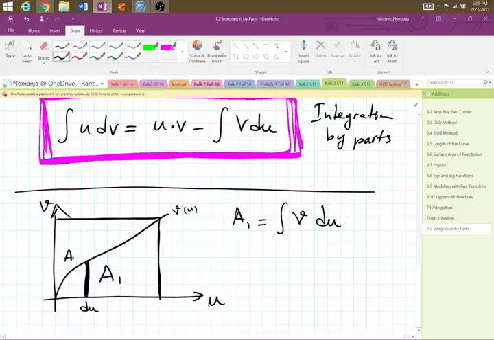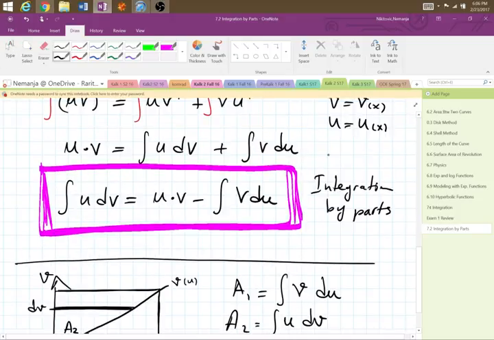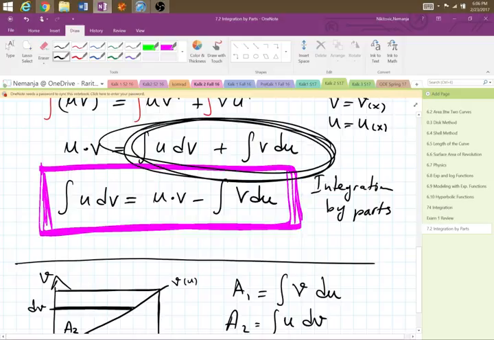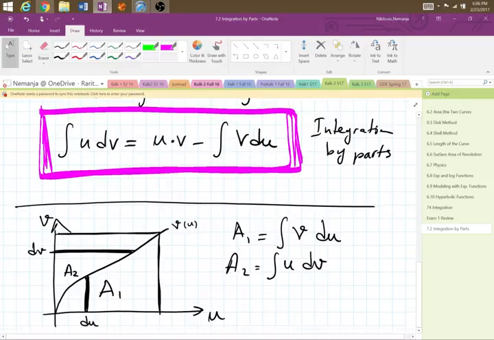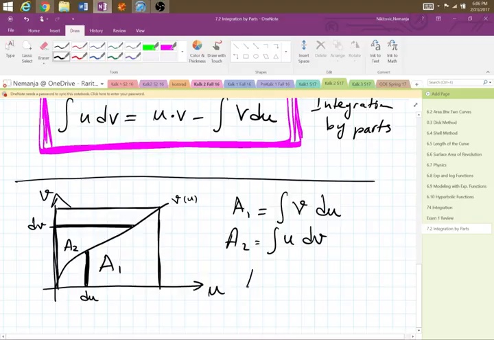Area A2 is going to be done this way, and that's dv. So that's integral of u dv. I hope you see that when you add them, you get this. But in reality, you have a rectangle here, which is u times v. So the overall area is u times v.